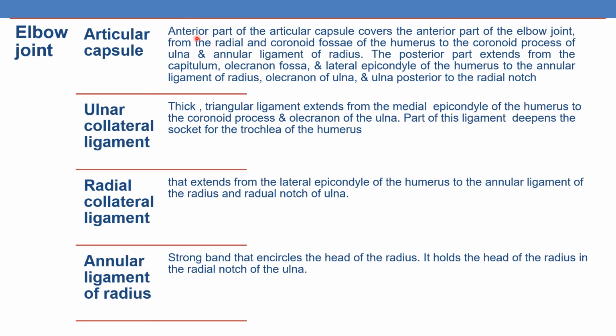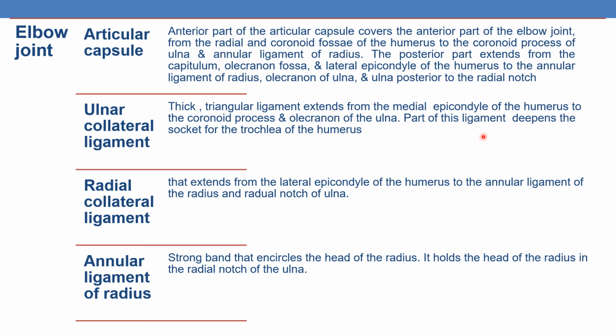Articular capsule is nothing but a covering or envelope around the joint. Anteriorly what part it covers and posteriorly from where it extends is given here. The next is ulnar collateral ligament. It is a thick triangular ligament that extends from the medial epicondyle of the humerus to the coronoid process and olecranon of ulna.